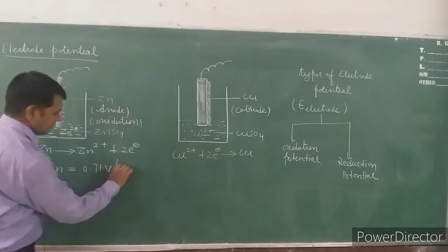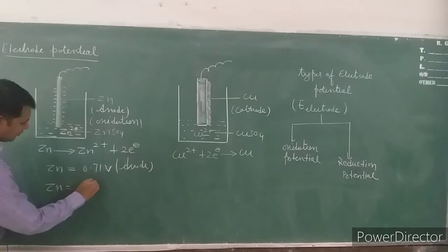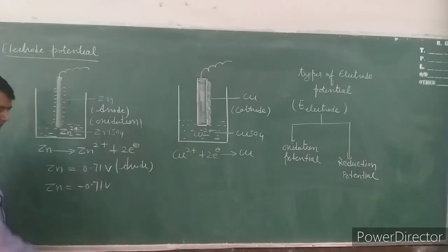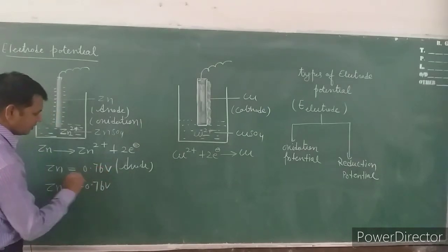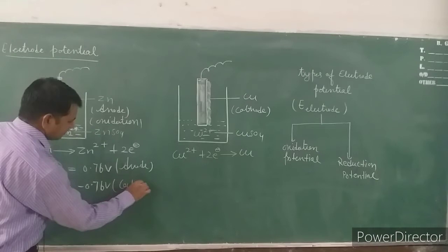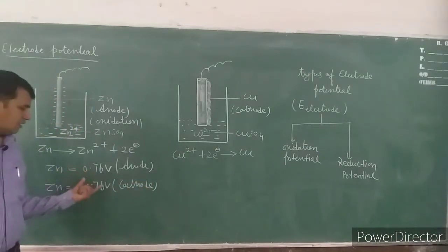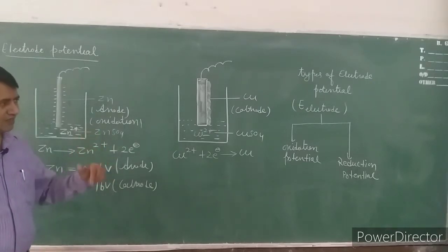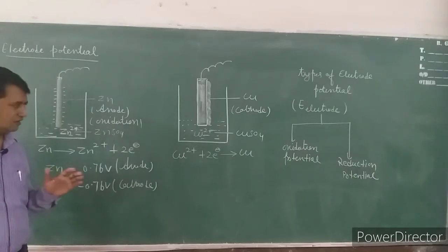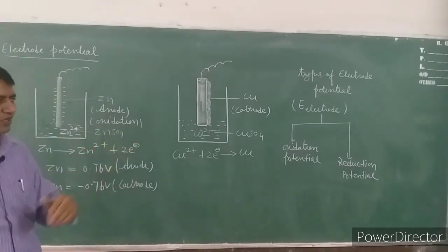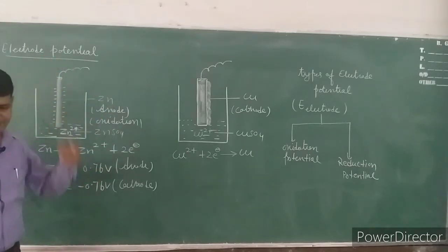If it is working as a cathode, its reduction potential will be minus 0.76 volt. So the magnitude of oxidation and reduction potential is the same, but the sign is different. Otherwise there is no difference between the oxidation potential and reduction potential. This is the concept of electrode potential.